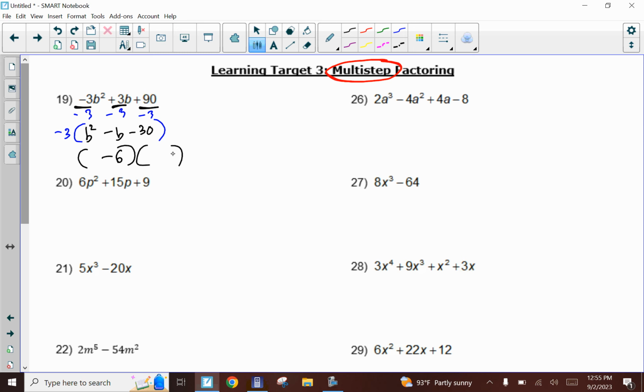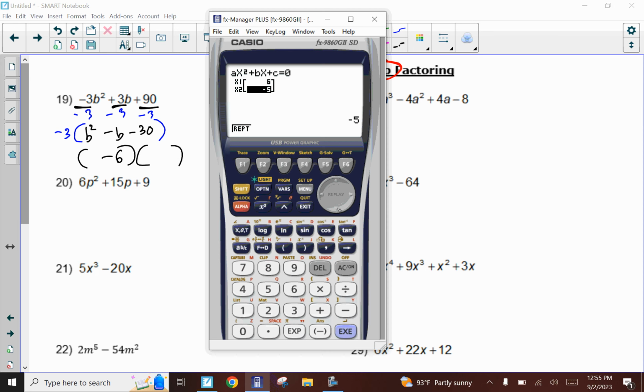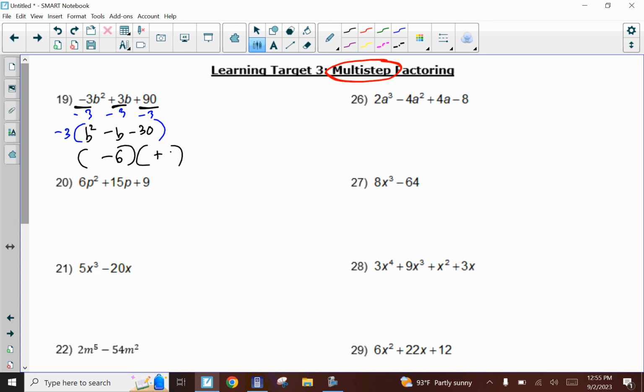And then if the next one is a -5, that means in here we're going to put a +5. And then, because the b has a squared on it, we're just going to split up the b's. And then we're going to bring down that GCF that we took out in step 1. So pretty much every answer on this section should have something out in the front like that.